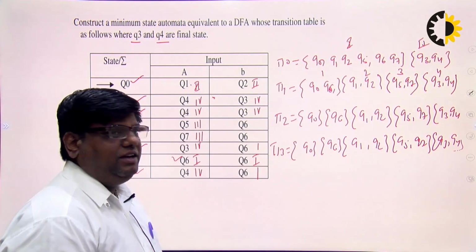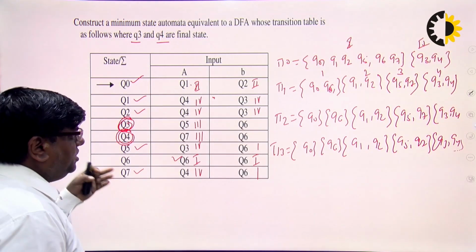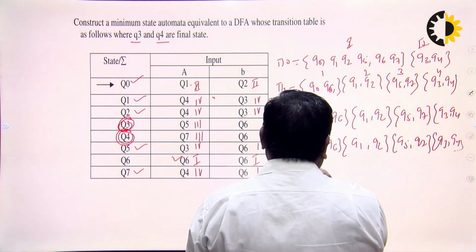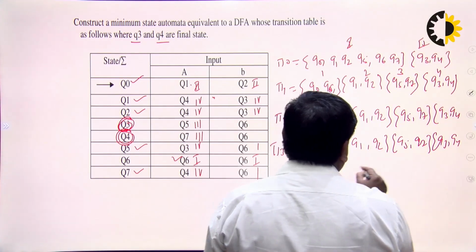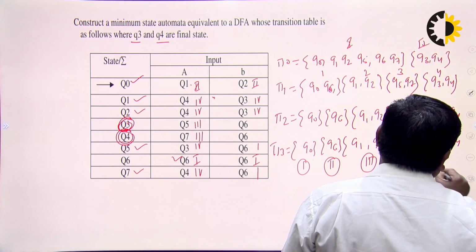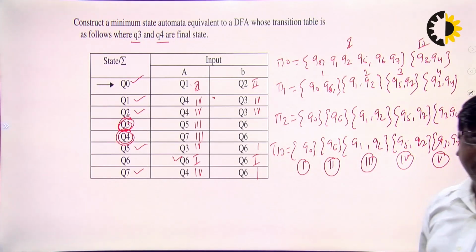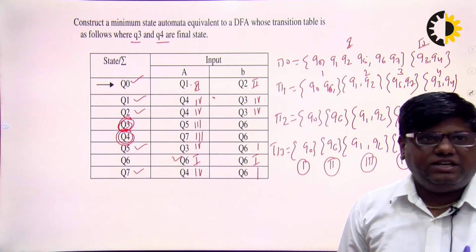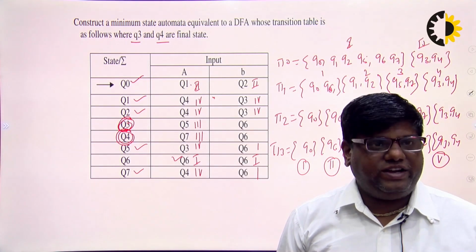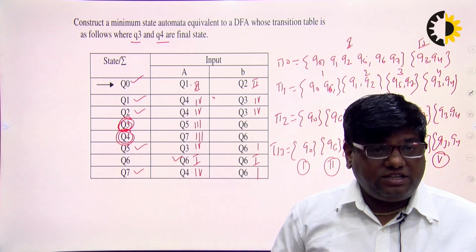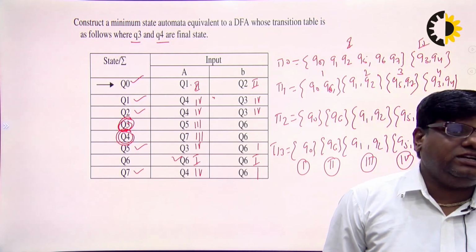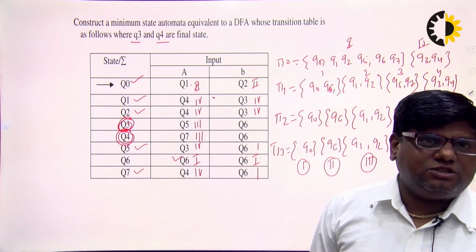Now in the start there are a total of 8 states. After minimization, states 1, 2, 3, 4 and 5. 8 states are minimized into 5 states. Now, this concept is known as the minimization of finite automata. Next, another method of minimization of finite automata is known as the tabular method. We will discuss it in the next lecture.